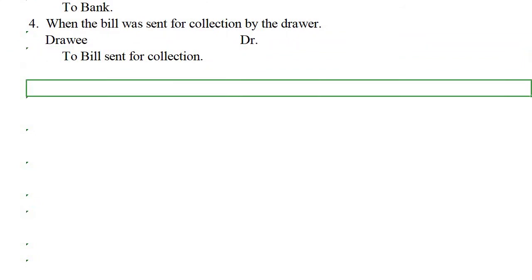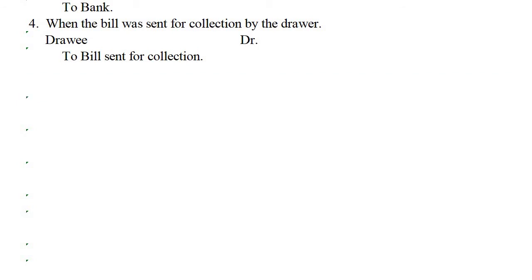Now let us discuss another thing. When a bill is dishonored, it should be legally protected. The payment should be legally protected. So for that, what can be done?